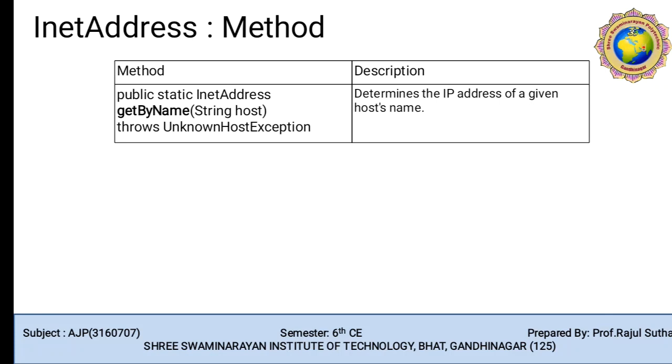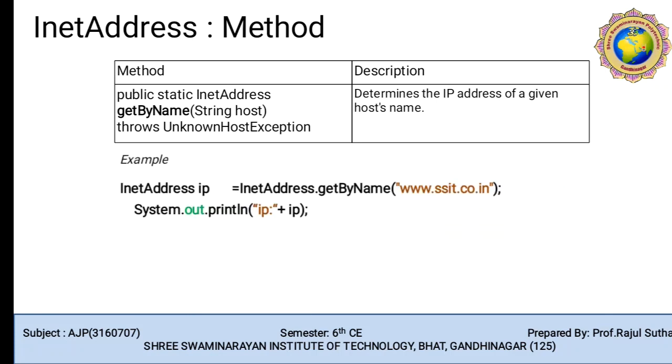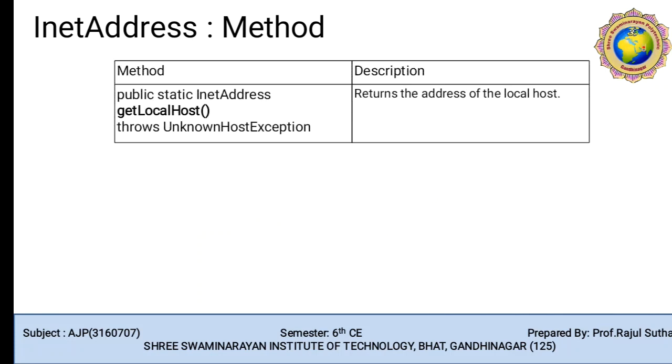So in the brackets the String host name is given. Let me show one example: InetAddress IP is equal to InetAddress dot getByName ssit.co.in. In the same way, the IP address of SSIT will be displayed.